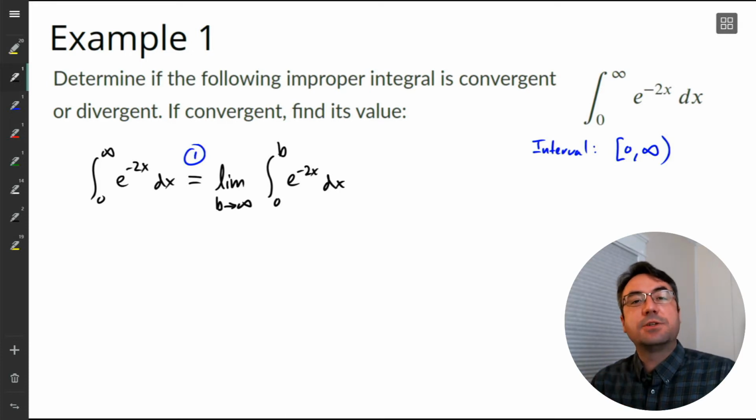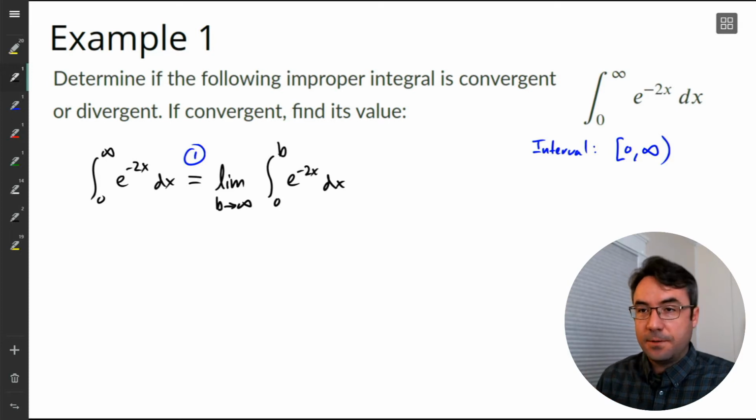So how we're actually defining this improper integral is, infinity is not a number that we're just going to be able to plug into this. We have to approach infinity. We can only let the upper bound get larger and larger here. And so this is the key first step. We have to use that limit definition to rewrite this as something we can actually calculate directly.